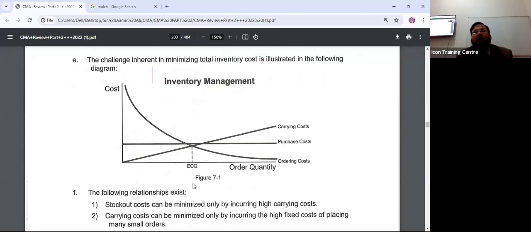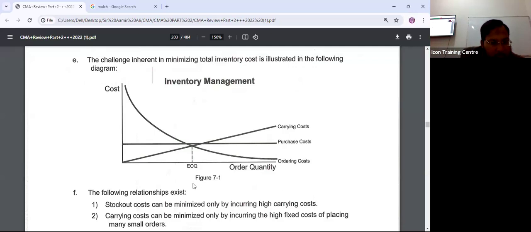Economic order quantity means it's a quantity. If you order that quantity, the carrying cost and the order cost will be minimum. So it's a particular point. If you increase your units or decrease your units, the cost will increase in either case, right?